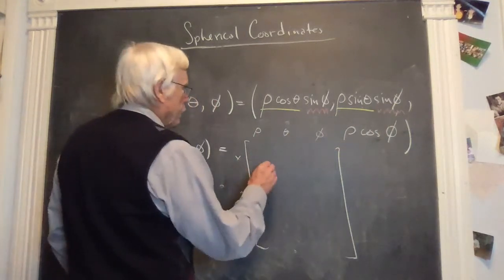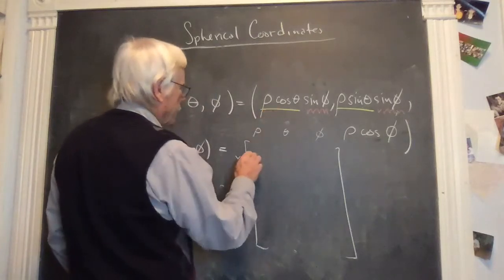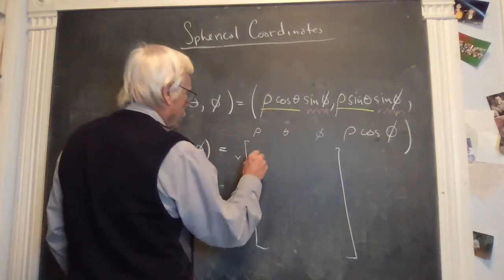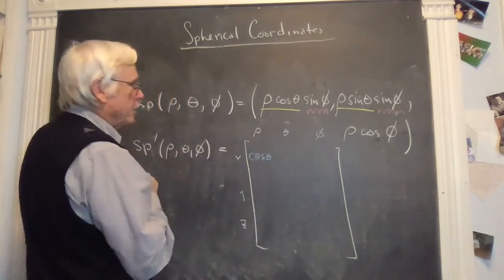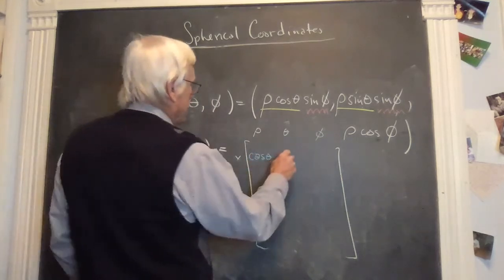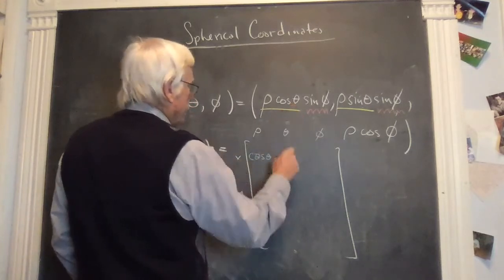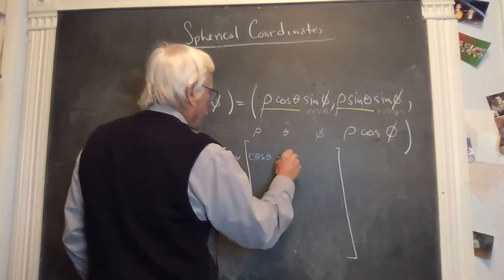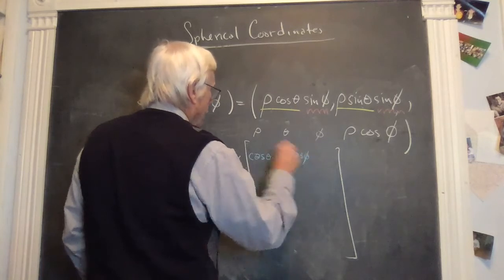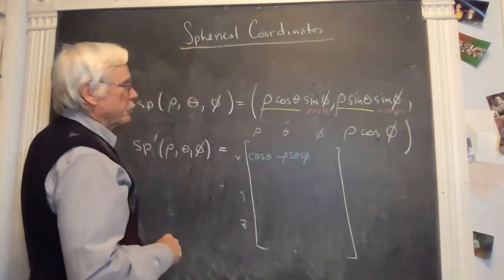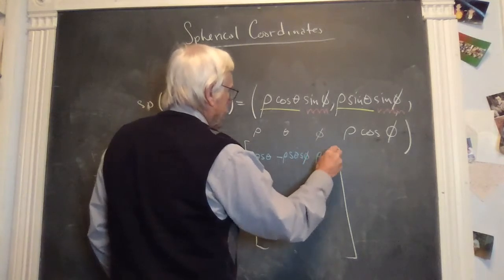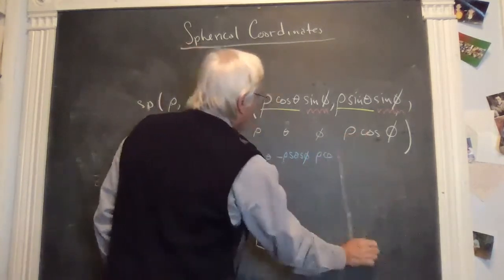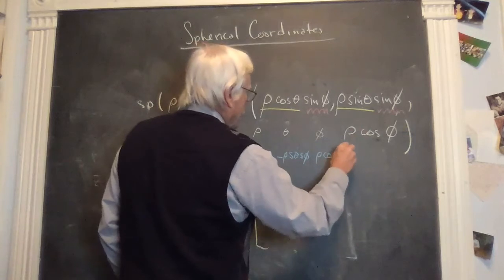For the first row, the derivative with respect to rho is cosine theta sine phi. The derivative with respect to theta is minus rho sine theta sine phi. And the derivative with respect to phi is rho cosine theta cosine phi.